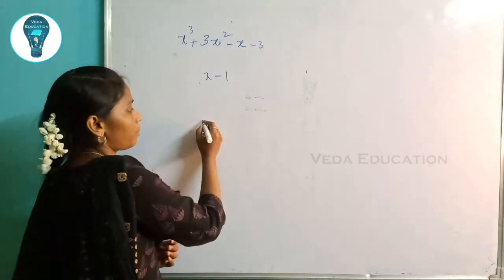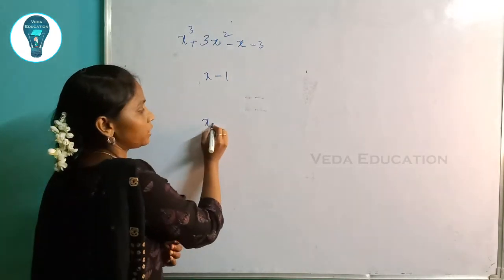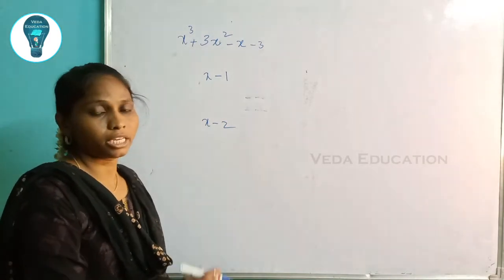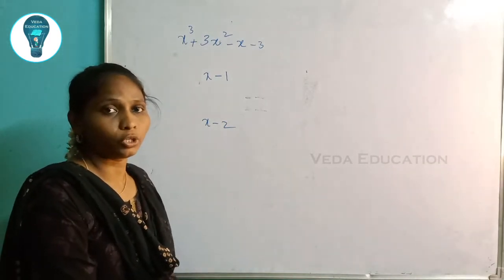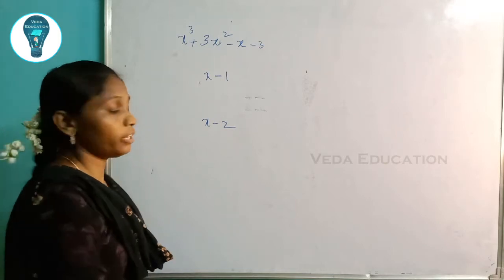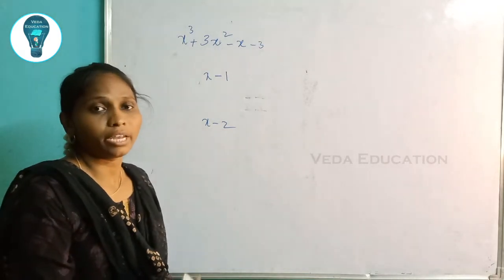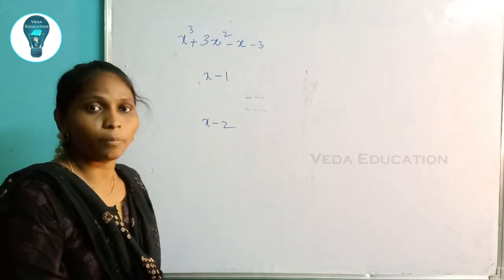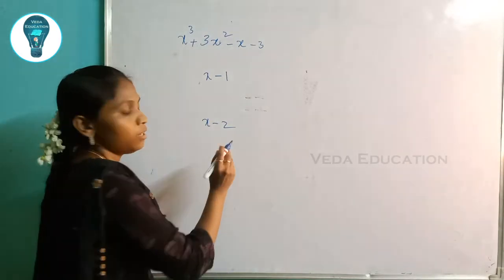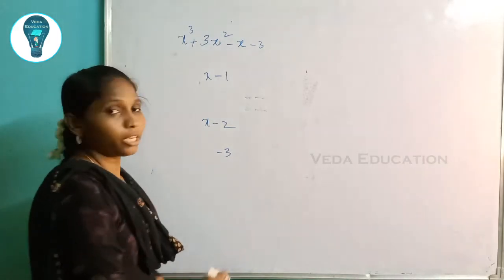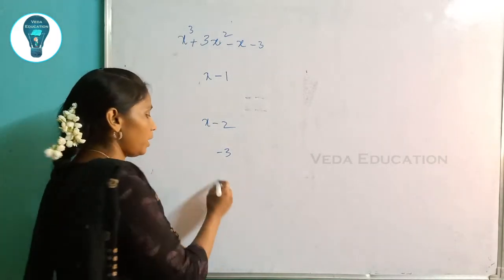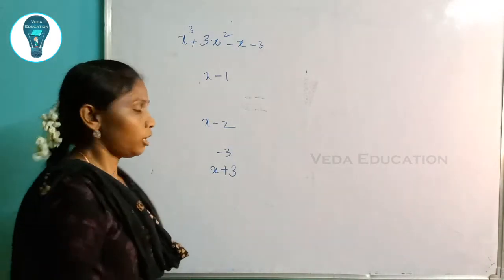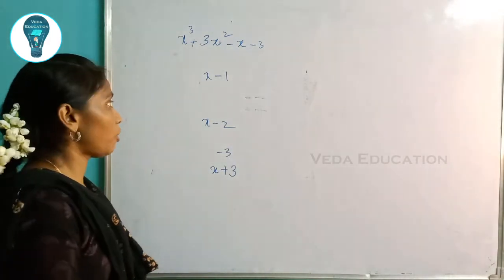Suppose they give 2, write x minus 2. We convert the zero into a linear polynomial. Got it everyone? If they give us a positive number, we write the negative form. If they give a negative number, we convert into positive. Suppose minus 3 is the zero of the polynomial; then the linear polynomial is x plus 3. This is the way we convert to a linear polynomial.